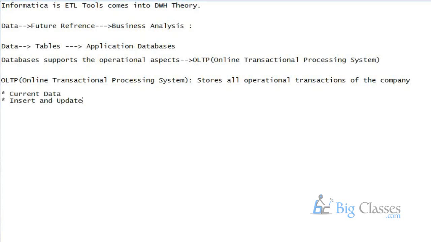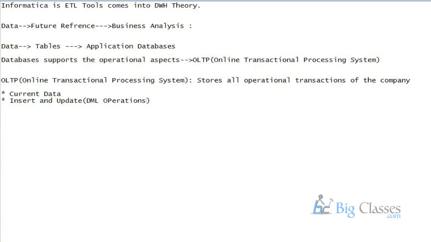So what is meant by transaction? A transaction is nothing but a set of DML operations. DML is nothing but insert and update. So the OLTPs are basically the databases that contain all the operational transactions, and these systems are the backbone of the company.